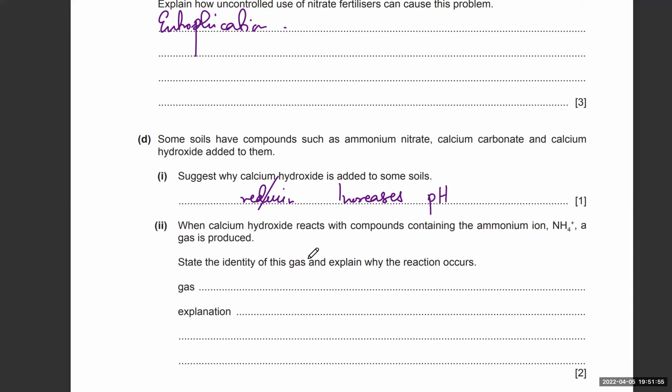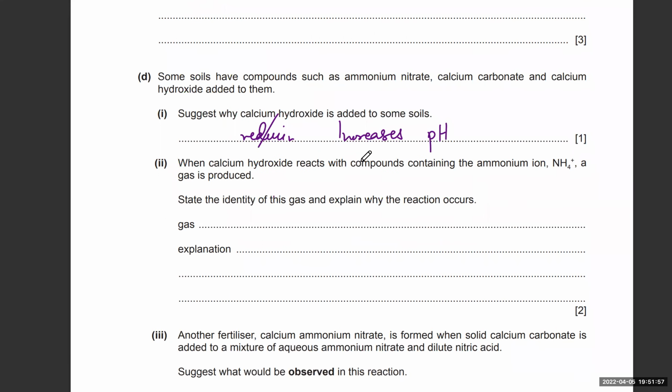Then state the identity of the gas and explain why the reaction occurs. Calcium hydroxide reacts with ammonium ions. Why? Because calcium hydroxide is a base, and ammonium ions can act as an acid. They can lose H+ ions, and the base can gain H+ ions.